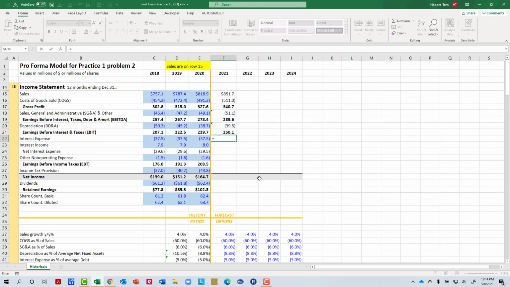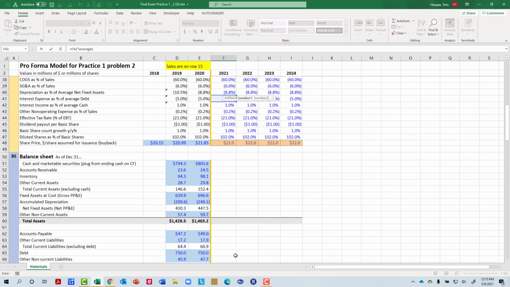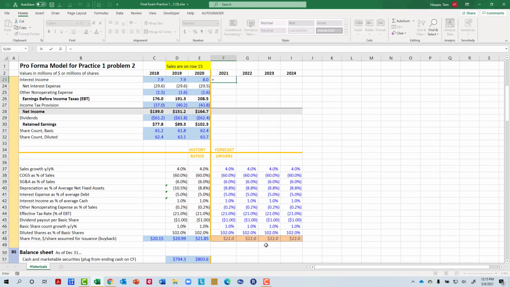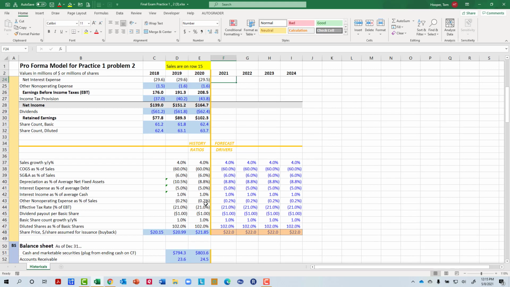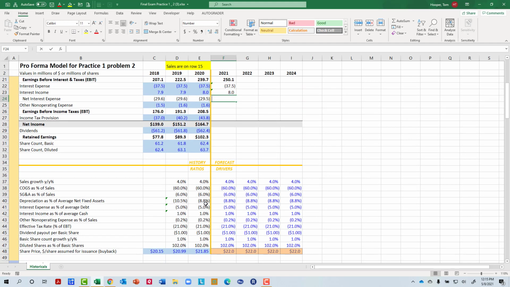And then interest expense is the ratio times the average debt. And interest income is the ratio times the average cash. Again, we're not worried about those blank cells at this point. We can subtotal that.